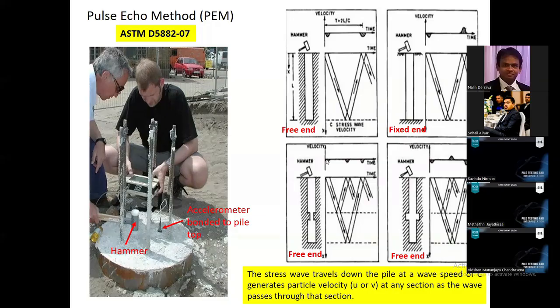So if you have this kind of response, this is indicating some kind of defect in the middle of the pile. If you have bulging, then the bulging will send a compression wave, right? This will send a tensile wave. So due to the bulging, in this enlarged zone, a compression wave will be reflected. As a result, you will see this type of response.